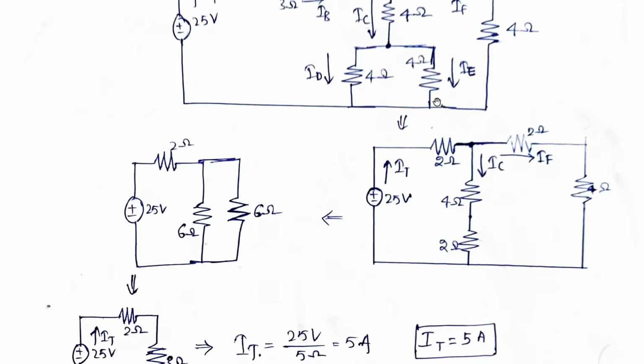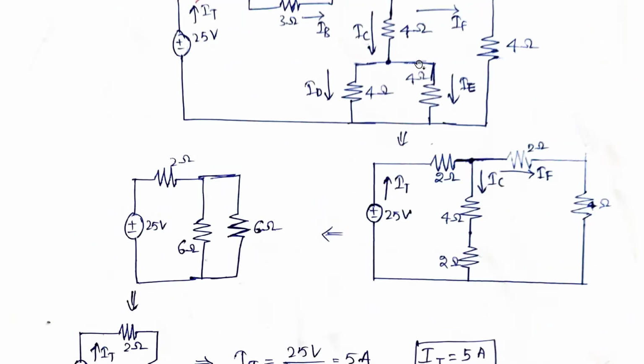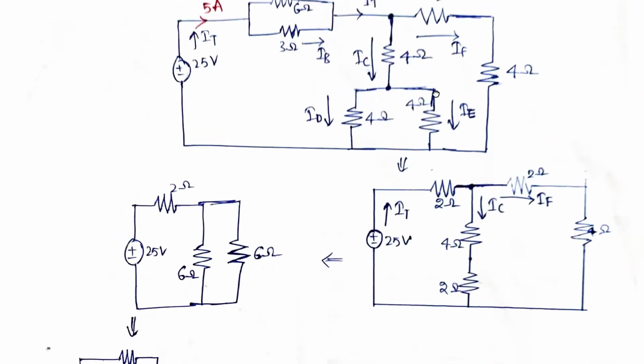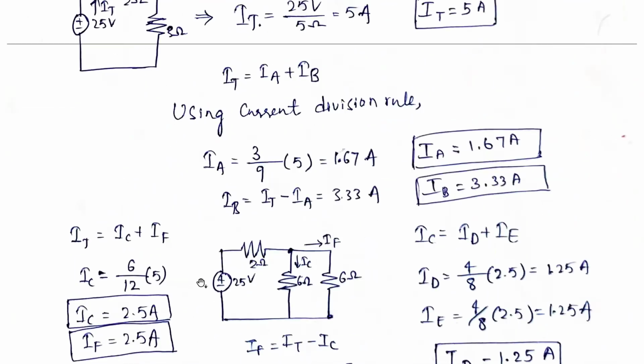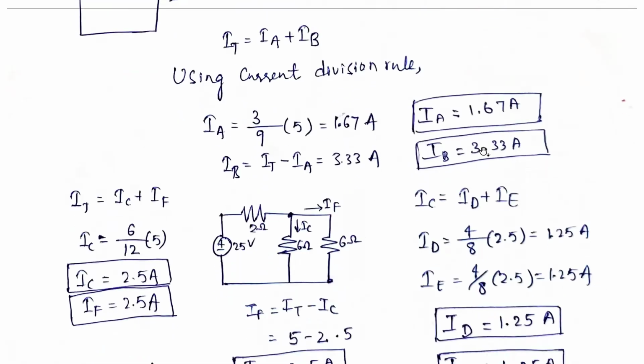IE means current across this 4 ohm resistance. So opposite resistance is 4 ohms, so 4 divided by total resistance 4 plus 4, into this IC current. IC current is 2.5. So 4 divided by 4 plus 4 into 2.5 will give you 1.25. Either way you can calculate.